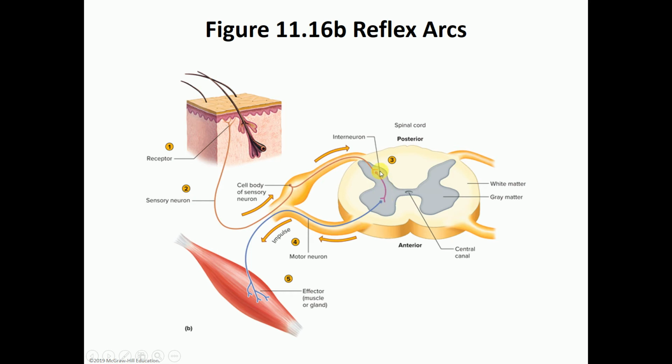It'll synapse with an inner neuron. Then the inner neuron will synapse with a motor neuron, all the way down to the effector, which in this case is a skeletal muscle. But remember, your effector could either be smooth or cardiac muscle, or it could actually be a gland. So in this example, that skeletal muscle will contract in order to withdraw the hand away from the painful stimulus.